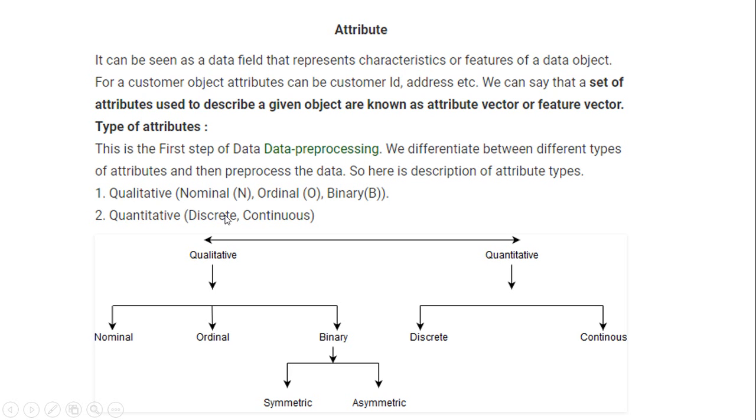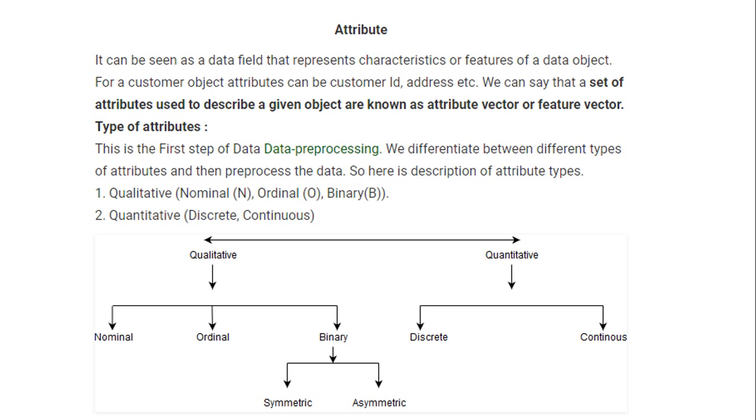I hope we are still together. So let me start by describing these different types of attributes, starting with the nominal attributes. What is the nominal attribute? Nominal means relating to names. The values of nominal attributes are symbols or names of things.